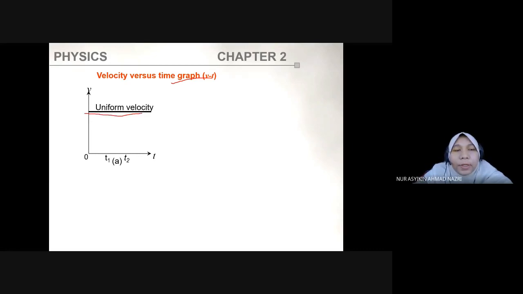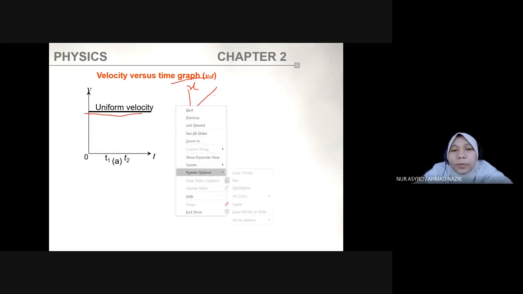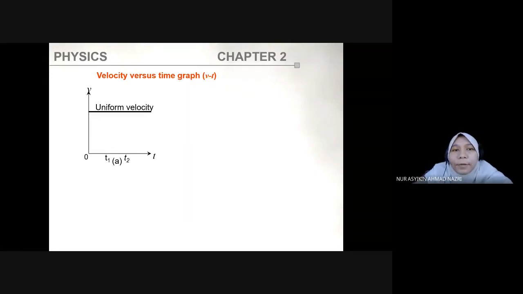Okay, different ya. Just now kita punya graph X versus T. Untuk uniform adalah macam ni. Kita dapat uniform velocity. But for case untuk to plot graph uniform velocity, so velocity tu satu je lah. Masa berapa pun velocity tu satu je.